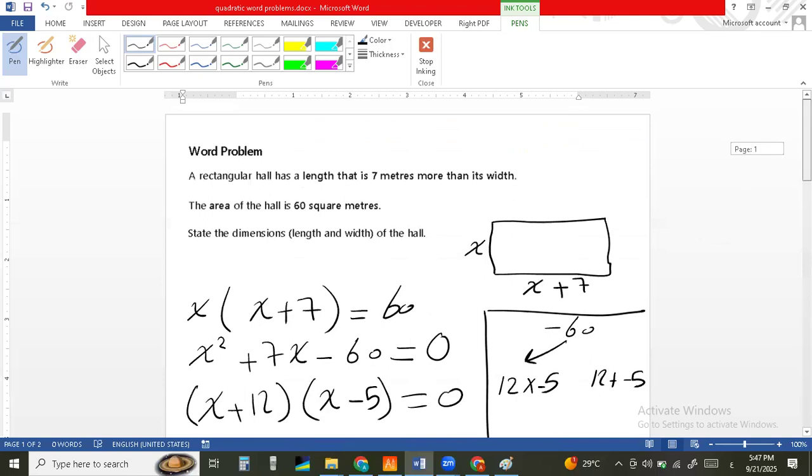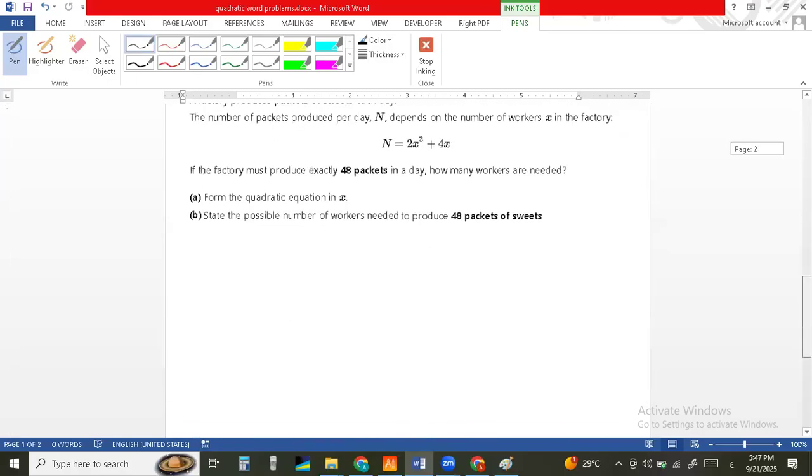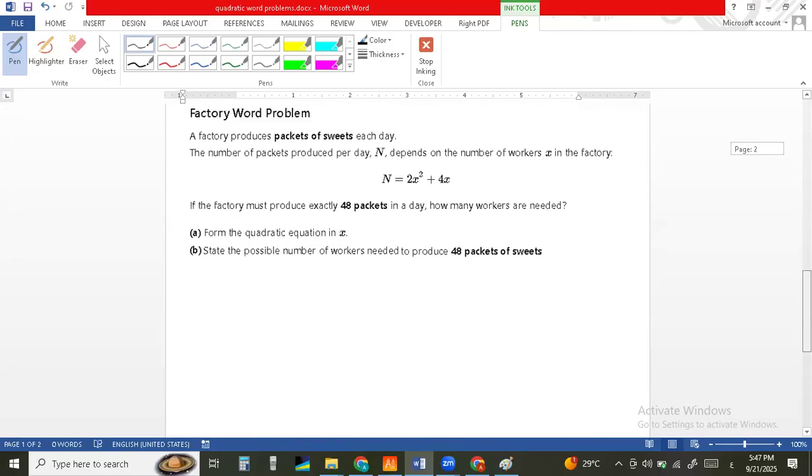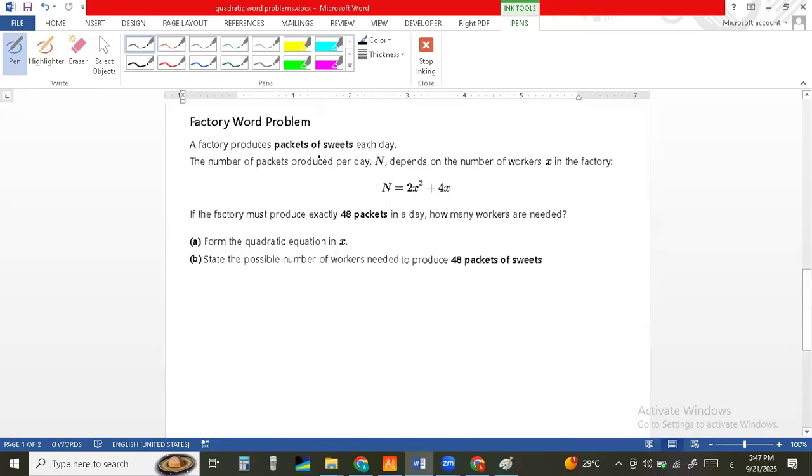All right. Let's go to the next question, and it's the last question. A factory produces packets of sweets each day. The number of packets produced per day, N, depends on the number of workers, x. They give you this equation: N equals 2x² plus 4x.